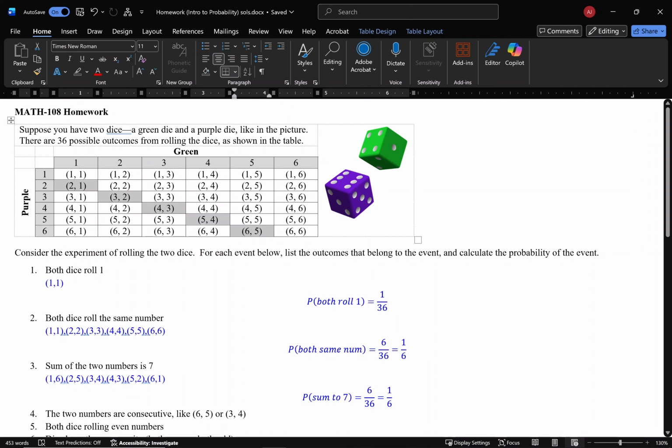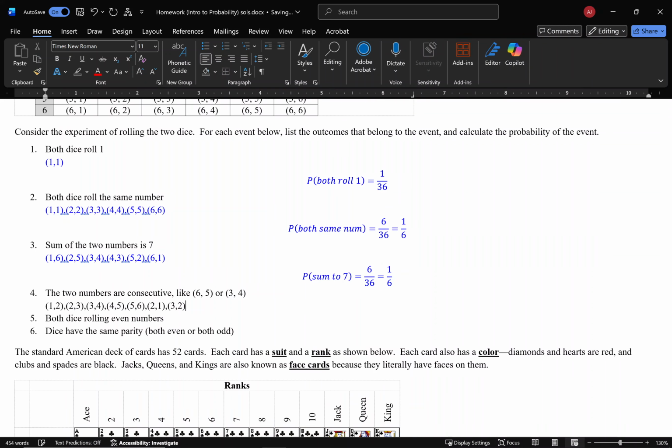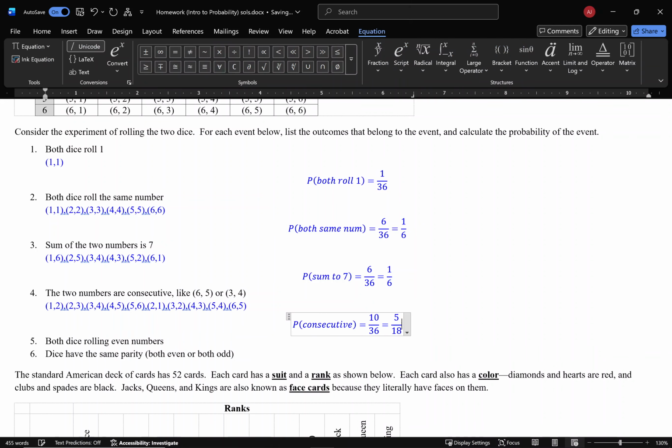And then there's also (1, 2), (2, 3), (3, 4), (4, 5), and (5, 6). That looks like 10 entries to me, and I'll type them all out. So we get 10 out of 36, or 5 out of 18 if you want to reduce it.